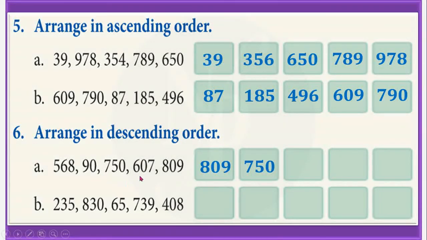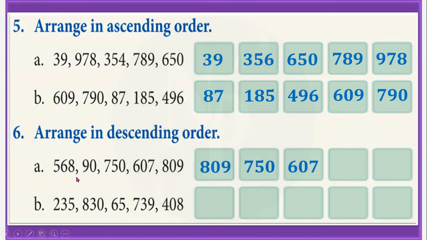Yes, now comparing the remaining three numbers, 568, 90 and 607. So 90 being a two-digit number is the smallest among all the given numbers, which will go to the last box here. Now leaving this, comparing 568 and 607. 607 is the greatest number, which will come to the third box here. 607.